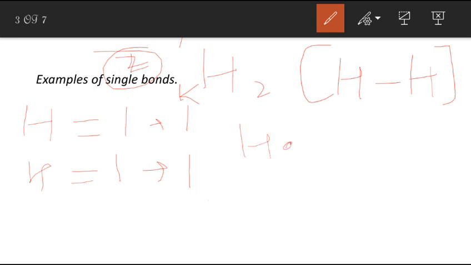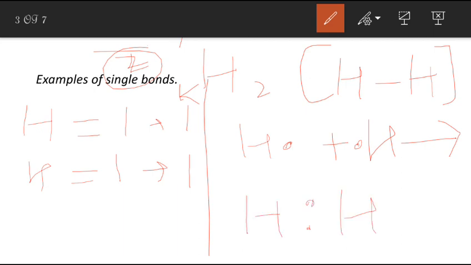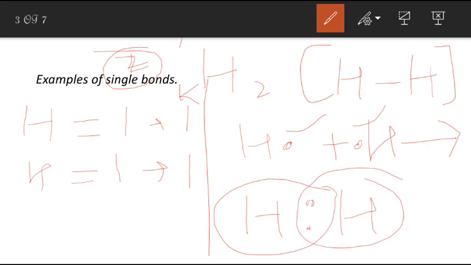Hydrogen contains only one electron. It will react with hydrogen, which also contains only one electron, and when they react with each other, they both contribute their electron, and in this way mutual sharing of electrons takes place, and a single bond is formed between two hydrogen atoms.